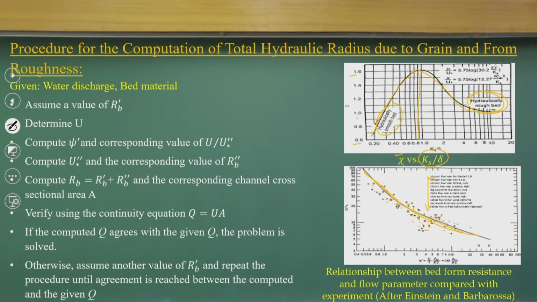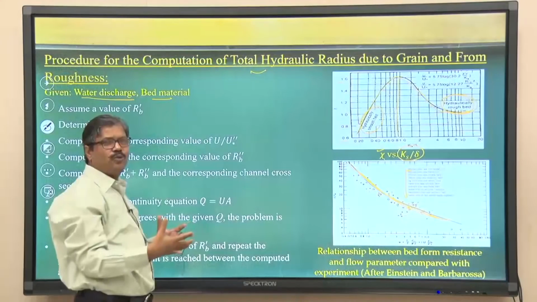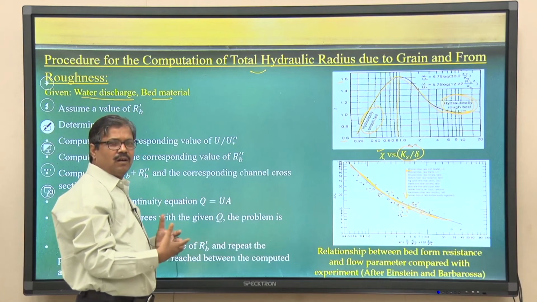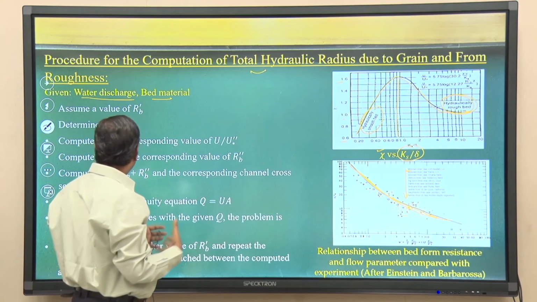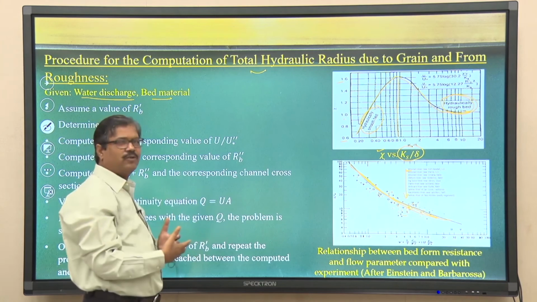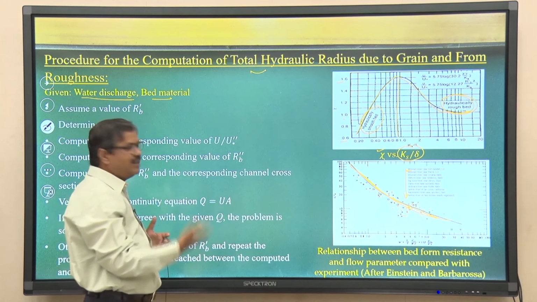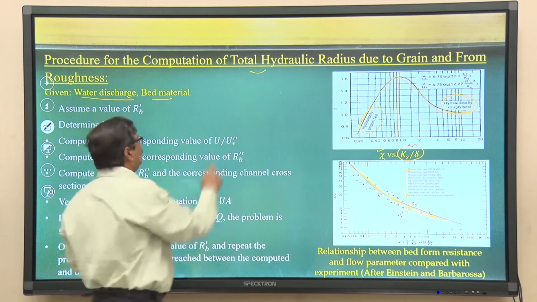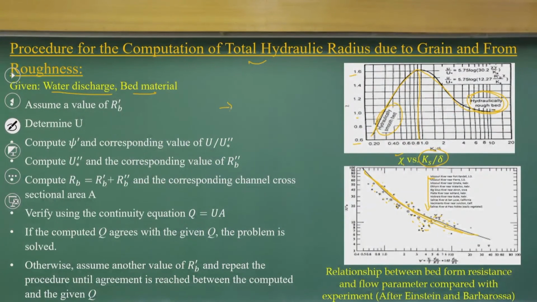Here, given a water discharge and bed materials, can you compute the total hydraulic radius due to grain and form? Basically it is the same concept: we use the Einstein equations and the velocity distribution equations to find the discharge. Because these are nonlinear equations, we follow trial and error methods.